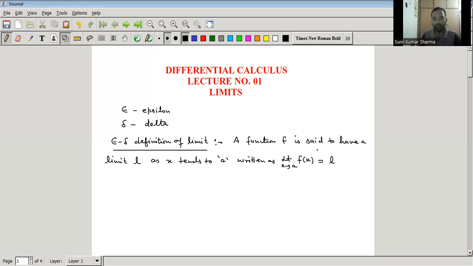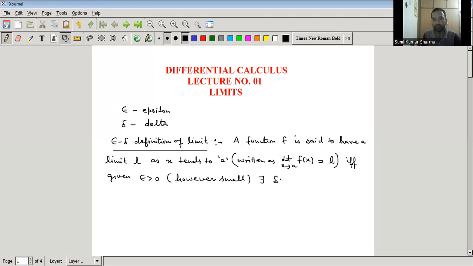So a function f is said to have a limit L as x tends to a if and only if, given epsilon greater than 0, so we take epsilon to be however small, there exists delta, a positive real number.